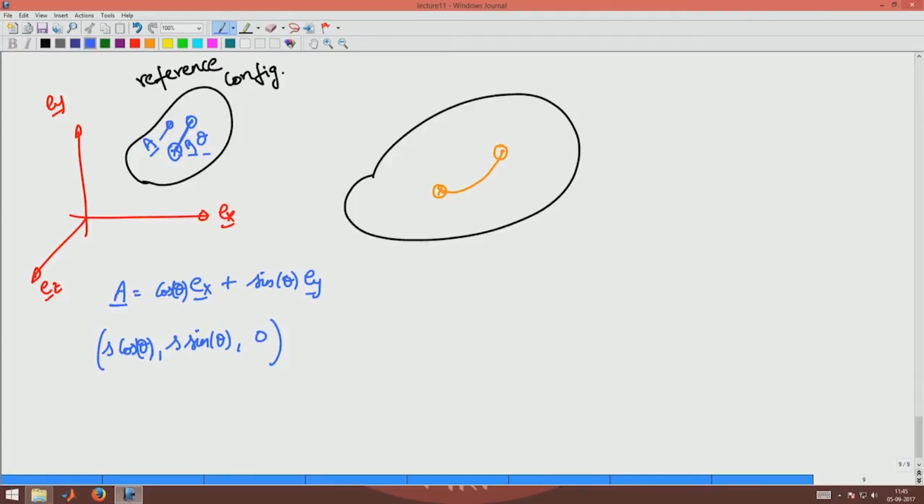This denotes the line, say this is AB, and here S varies from 0 to L ref, where this is the length of the line.